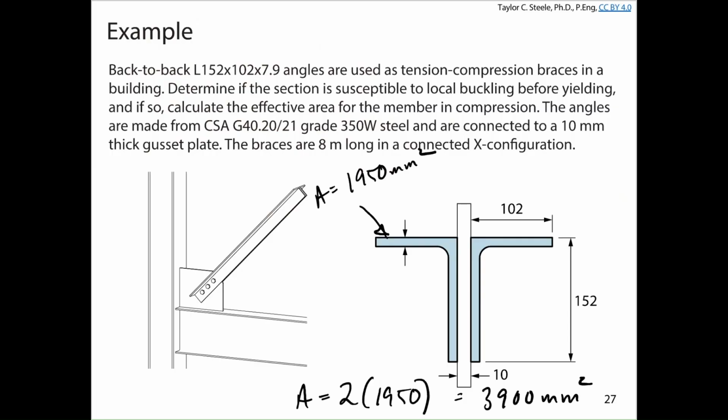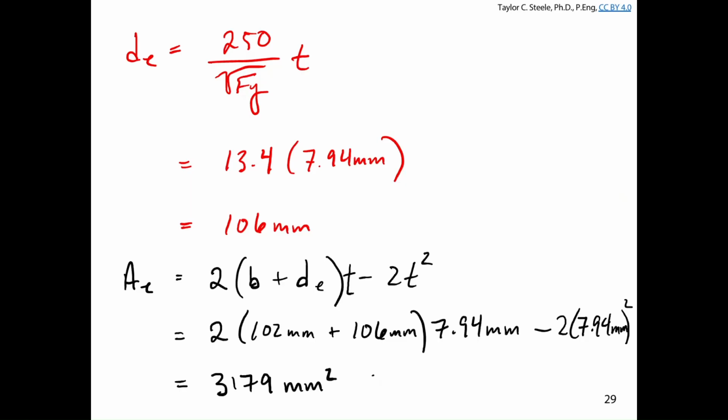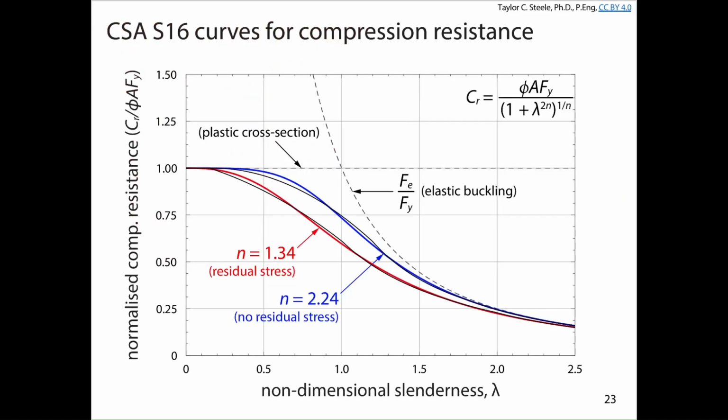We've got 3,900 total. We've got 3,179 effective. That's less than the 3,900, but not too much less. It's less than the full area by 25% or so. Okay? So not a significant reduction, but it's going to reduce the strength a little bit. Actually, that's a pretty good example.